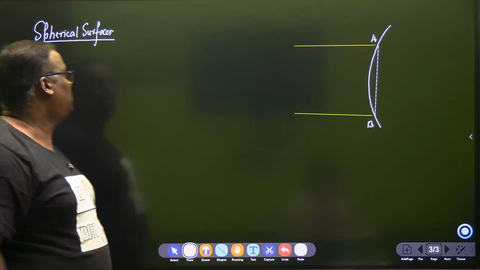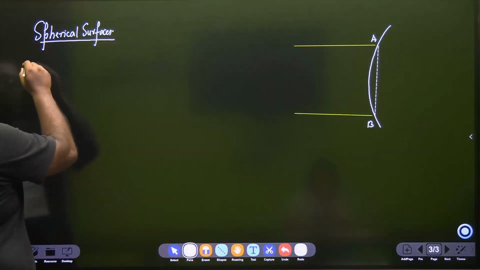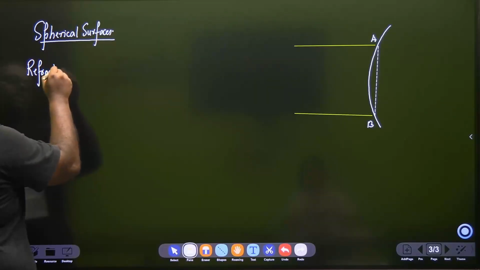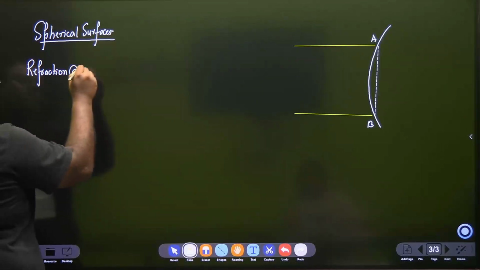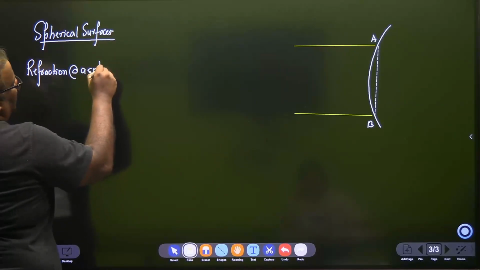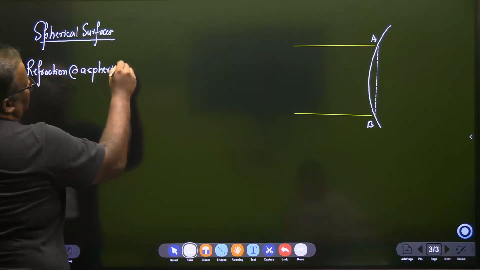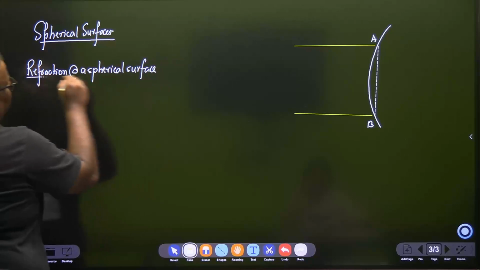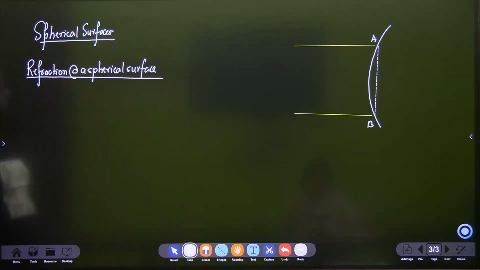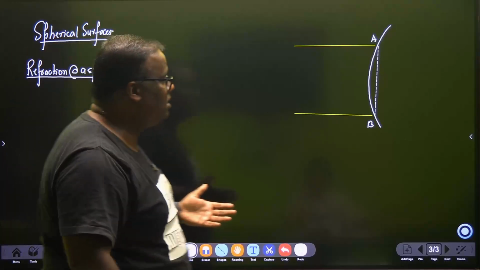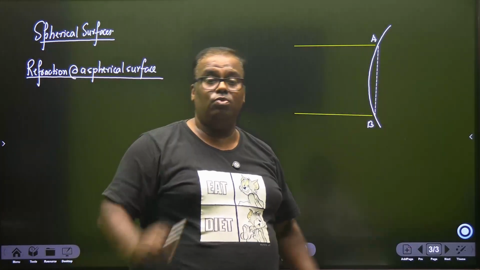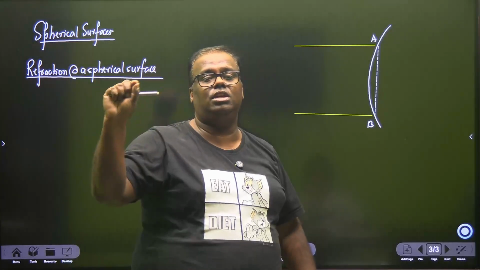So first, we will see the formula for refraction at a spherical surface. We'll see the derivation for this refraction at a spherical surface. Then you might ask, sir, what is a lens? A lens is a combination of two spherical surfaces in which one surface is sufficiently curved.